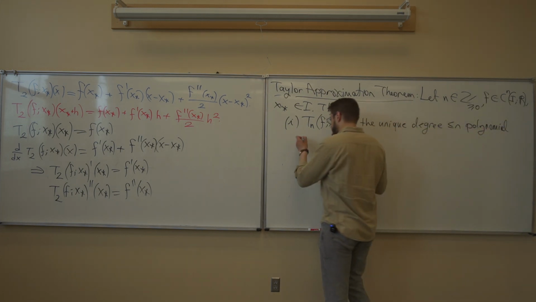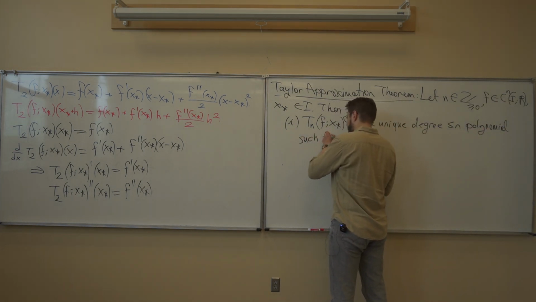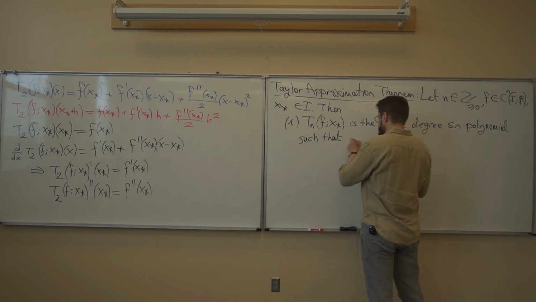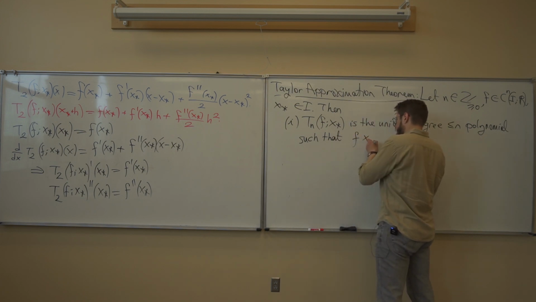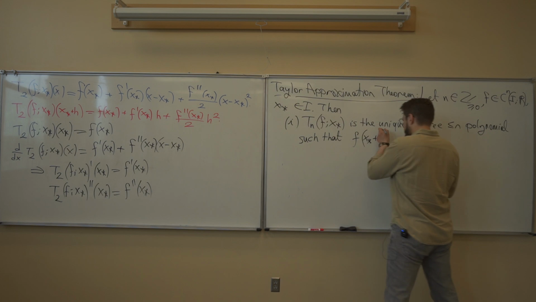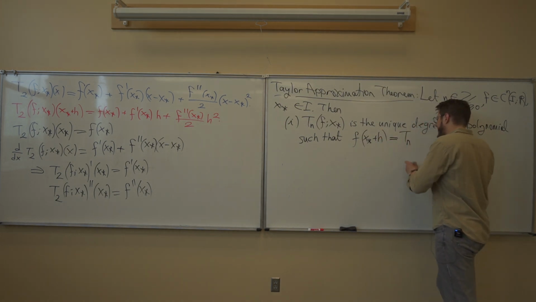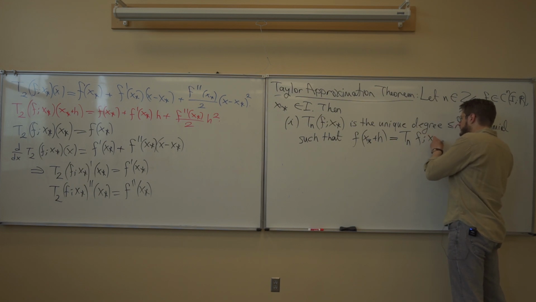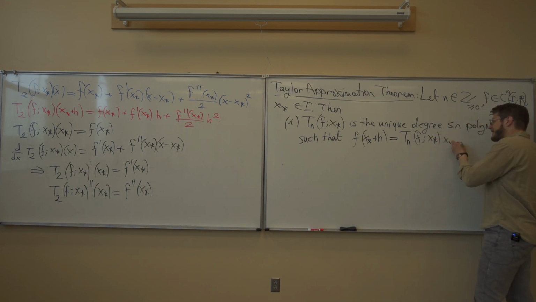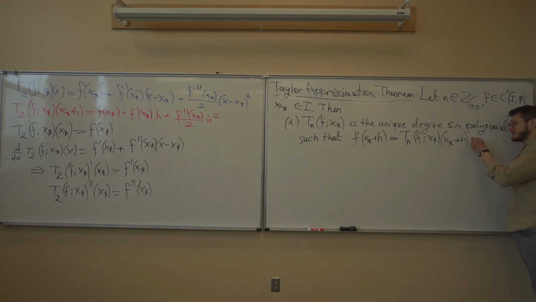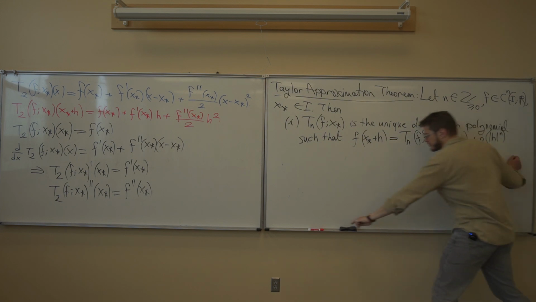such that f of x star plus h equals t sub n of f comma x star at x star plus h plus little o of h raised to the power n, as h goes to 0.